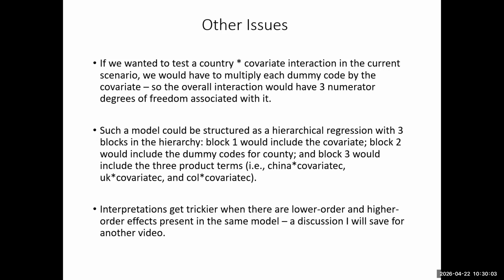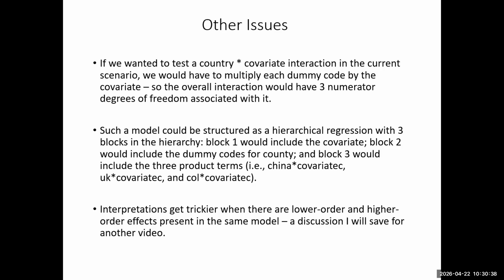Okay, a couple of other issues that I wanted to mention. If we wanted to test a country by covariate interaction in the current scenario, we'd have to multiply each dummy code by the covariate. So the overall interaction would have 3 numerator degrees of freedom associated with it. And if we wanted to build that interaction into the analysis, we might again extend our hierarchical regression model, where in block 1 we would include the covariate on its own. In block 2 we would add the 3 country codes.